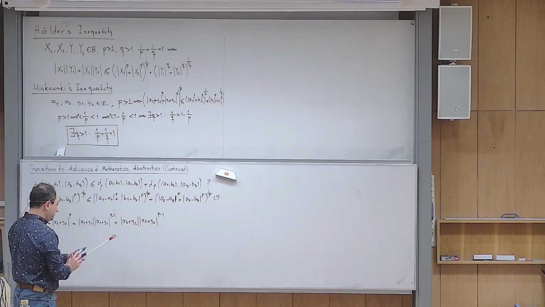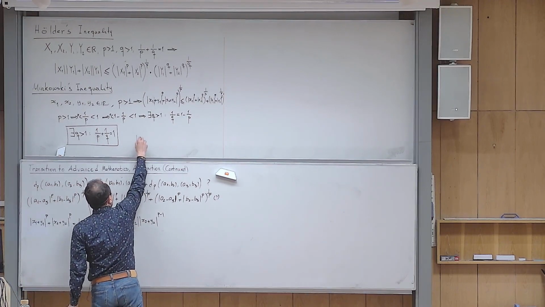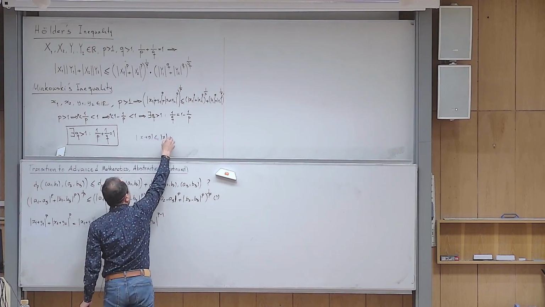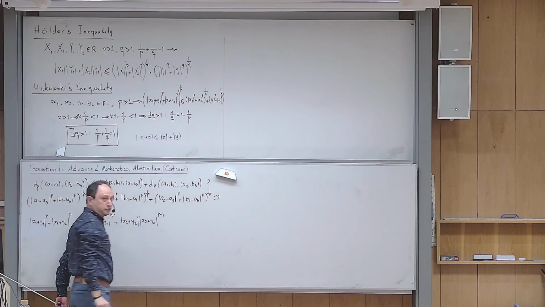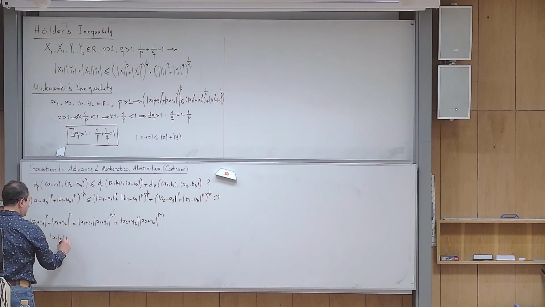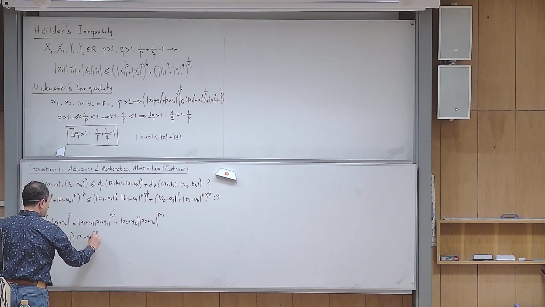We had this before, if you remember, we proved that the absolute value of x plus y is always less than or equal to the absolute value of x plus the absolute value of y. So we want to use that here. So this becomes less than or equal to absolute value of x1 plus absolute value of y1 multiplied by absolute value of x1 plus y1 to the power of p minus 1.